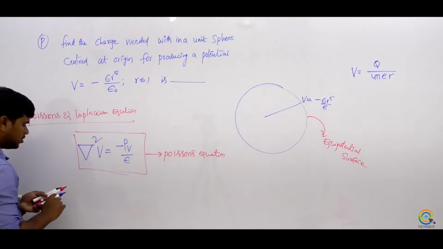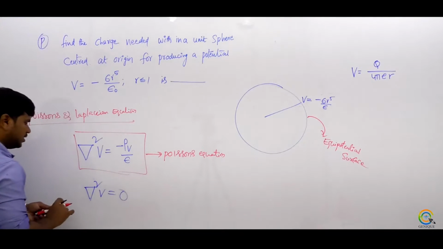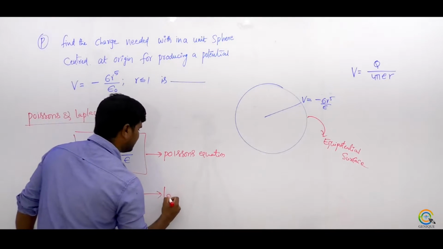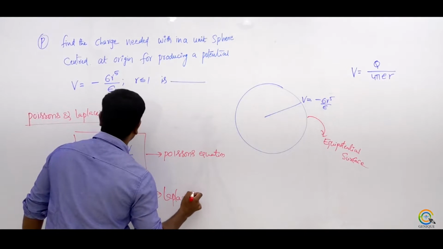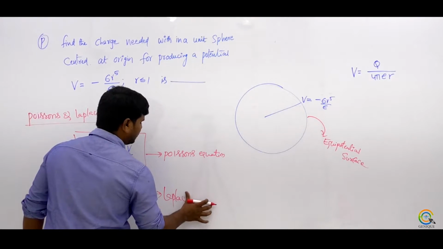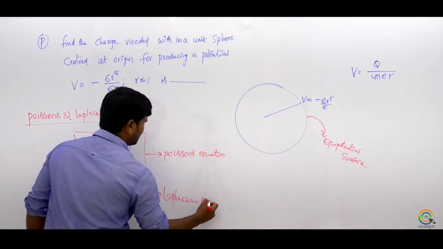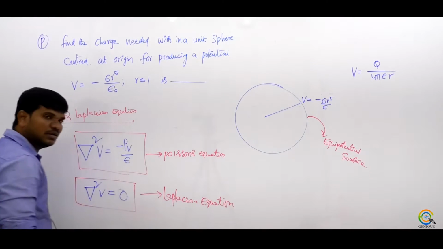There is no charge, so del square V equals 0. This is called the Laplace equation.